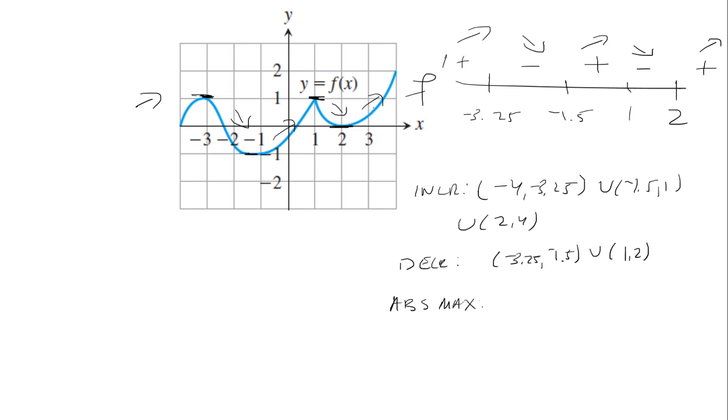The absolute maximum is the highest point of f of x, which is at 4, 2. For local max, the function has to change from increasing to decreasing. So that's clearly at -3.25 and at 1.